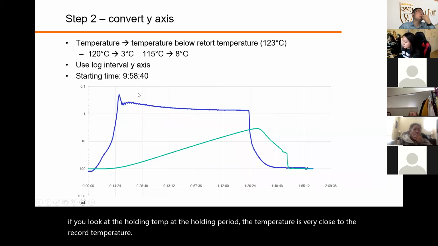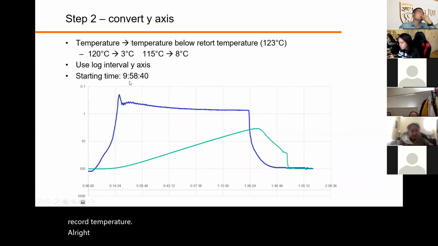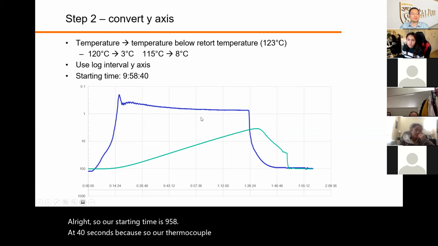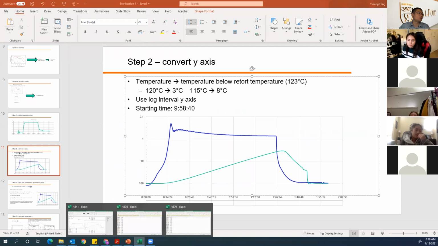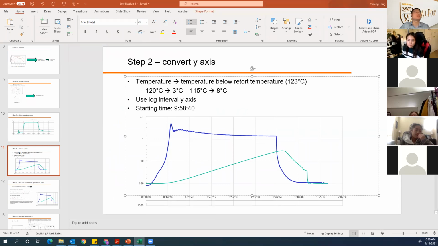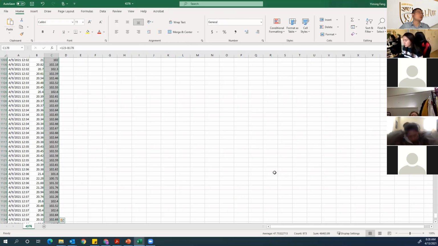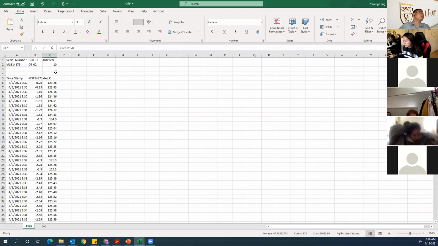All right. So our starting time is 9:58 and 40 seconds, because our thermocouple recorded temperature every 10 seconds. Let me see if I can bring it out. Okay, so here it is. This is our raw data. Here we have the timestamp, and here's the temperature recorded by the thermocouple.